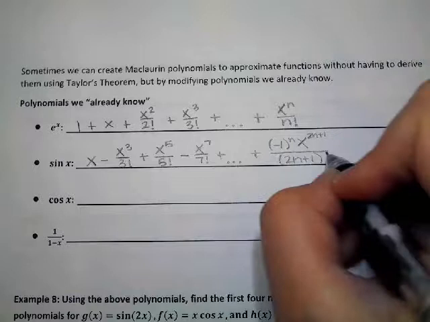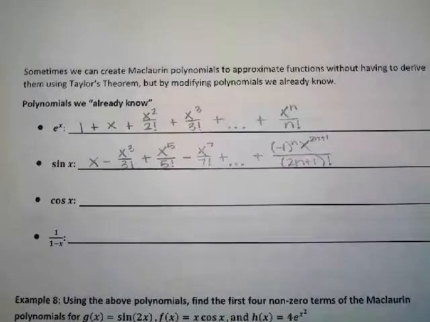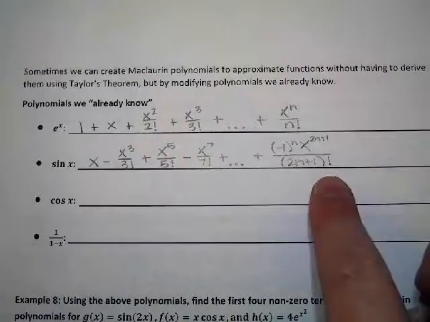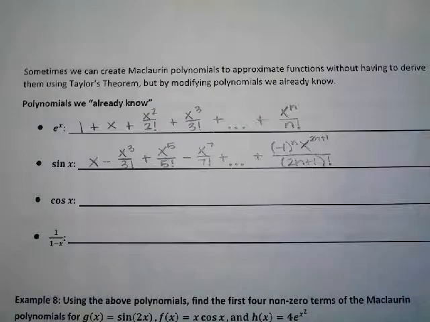And it looks like this is starting at n equals 0. To be able to get that first term, we'd have to do n equals 0.